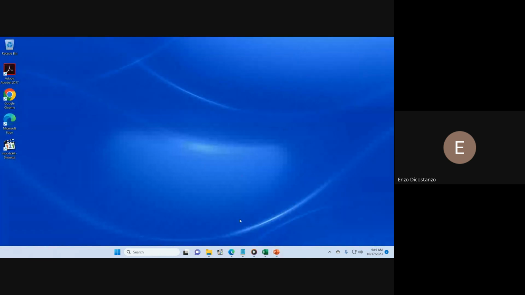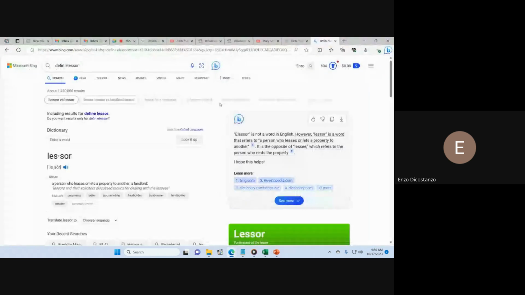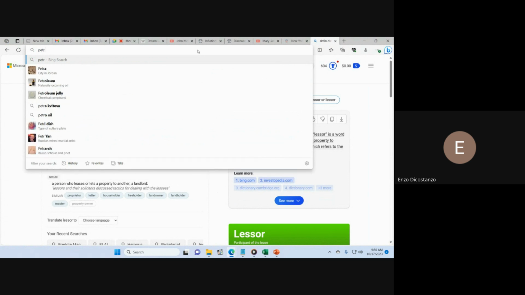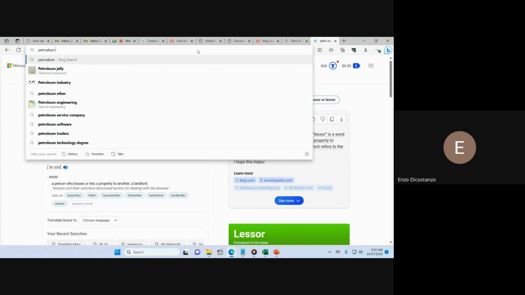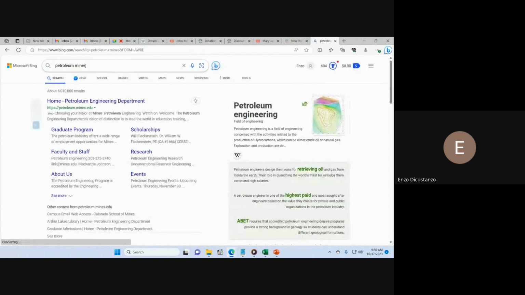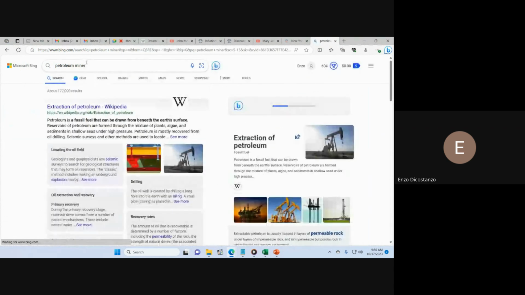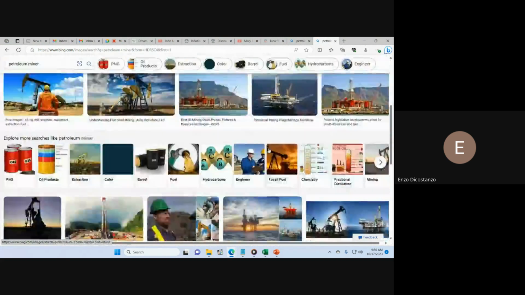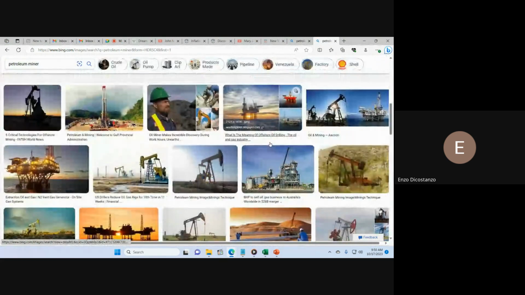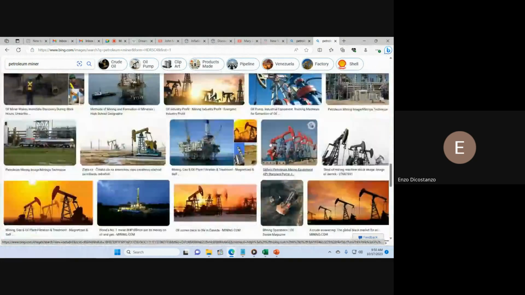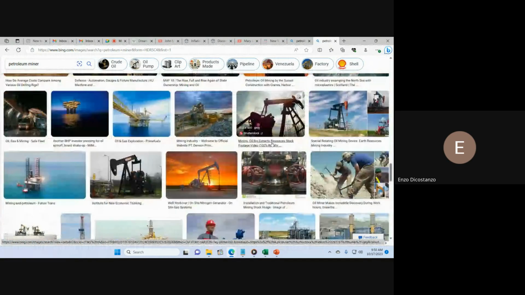The Wall Street Journal always has great pictures. I was looking for someone wrestling with a wellhead. Yeah, these are all very clean. These are all from the annual reports. It doesn't show the guy.